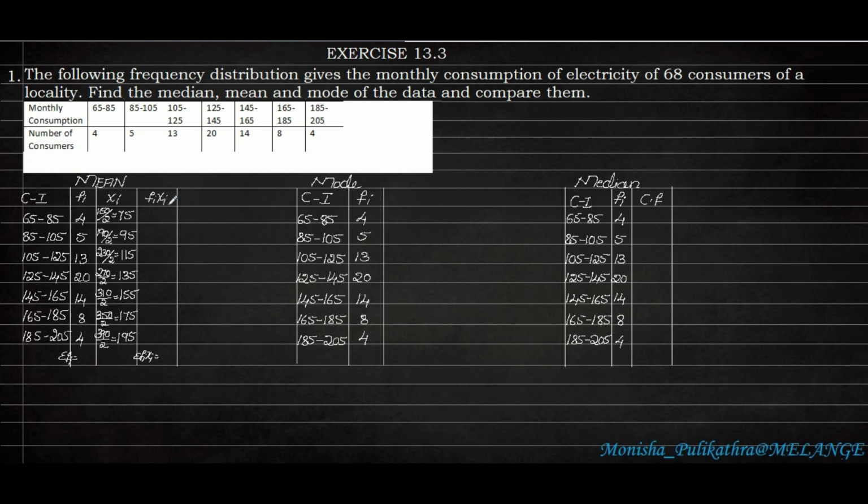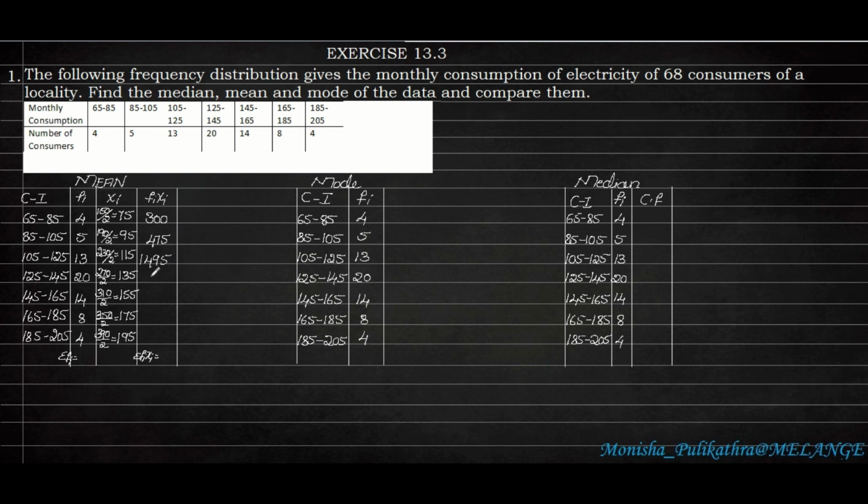So later we need to find out the product of Fi and Xi. So 4 into 75. If we take the multiplication of it, we will get 300. So next 5 into 95 is 475. Next 13 into 115, we will get 1495.